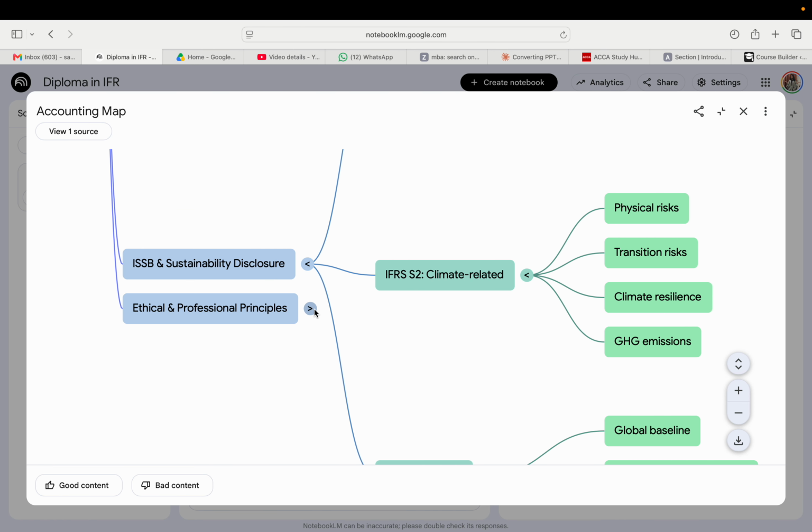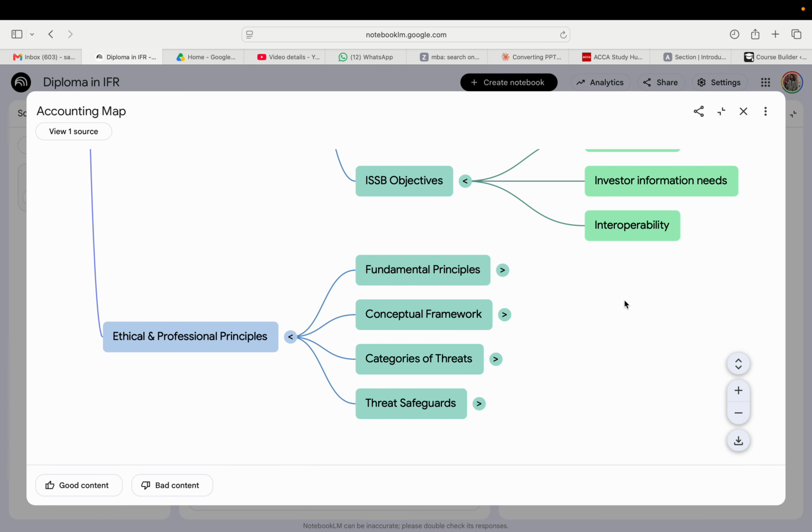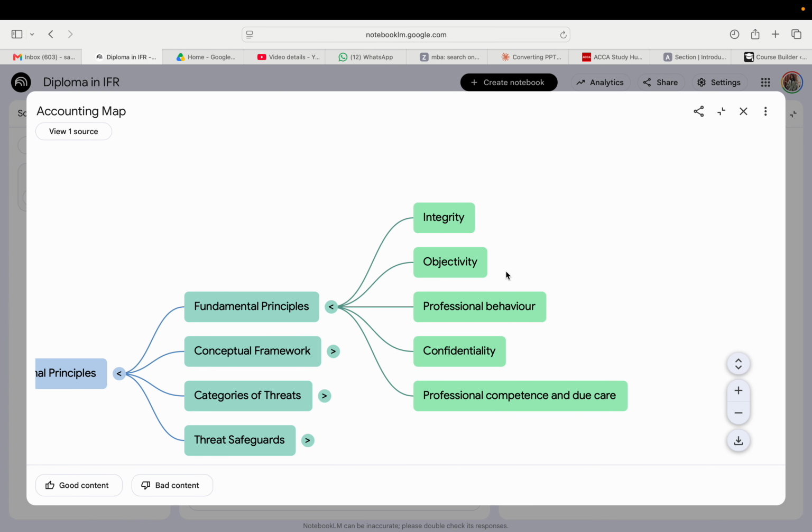Finally, ethics. Okay, so ethics, there are fundamental principles that you need to know. You need to know the conceptual framework, you need to know what are the threats, and finally the safeguards. So what are the 5 fundamental principles?